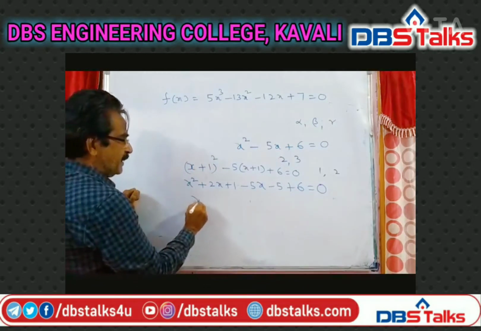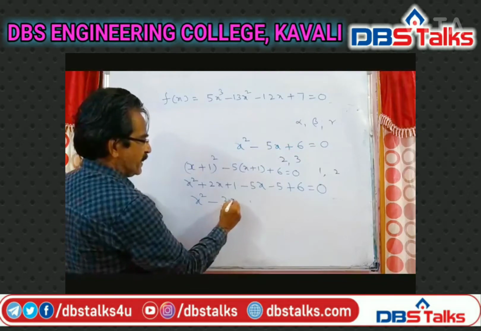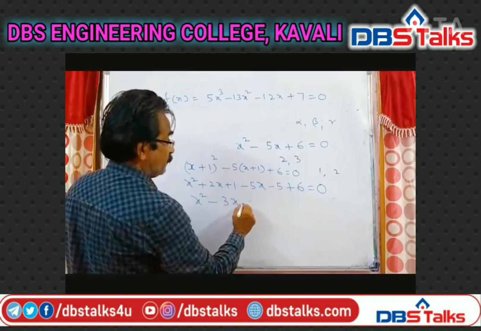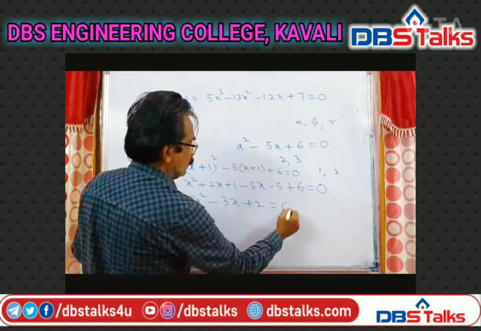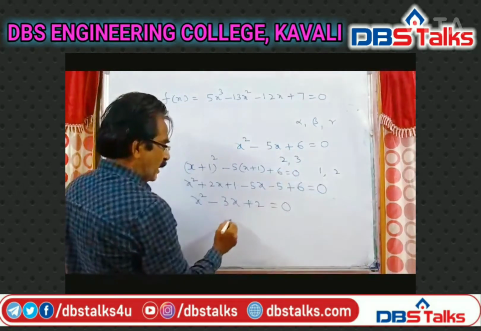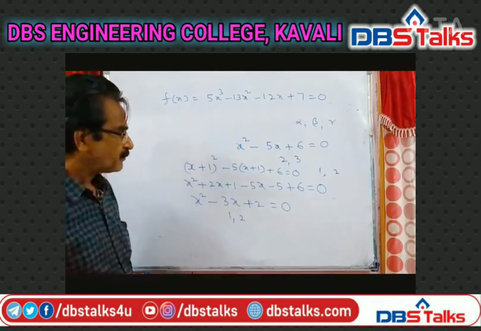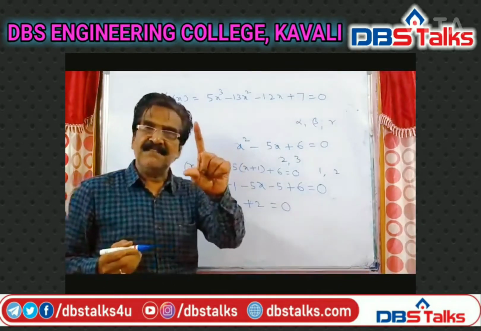It implies x square minus 3x plus 2 is equal to 0. Clearly, the roots of this polynomial are 1, 2. Okay, friends. So that is one way.